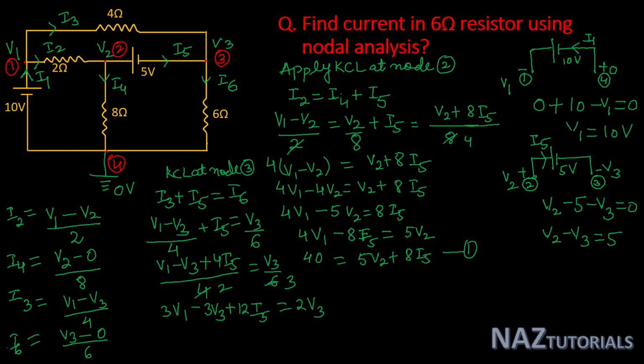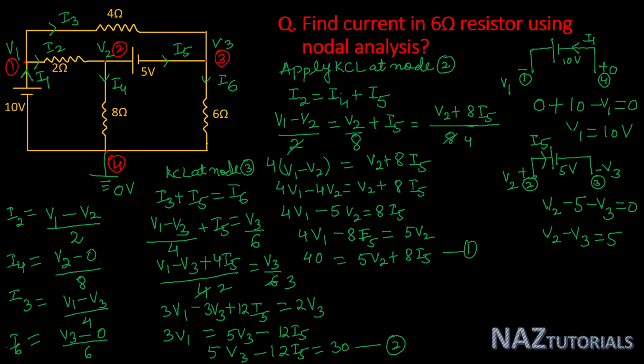So here you can say 3V1 is equal to 5V3 minus 12I5. V1 is 10 volt, so here you can get 5V3 minus 12I5 is equal to 30. This is our equation 2.